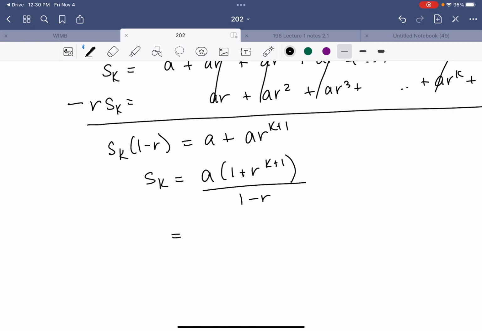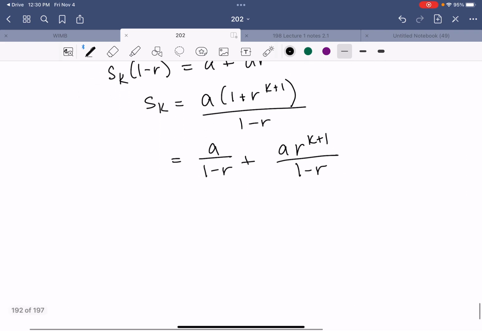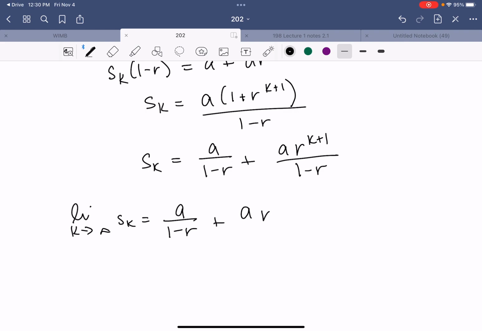Well, this is a over 1 minus r plus a r to the k plus 1 over 1 minus r, right? So let's now take the limit. That's our sk. Now we want the limit as k goes to infinity of our sk, and this is a over 1 minus r plus a r to the k plus 1 over 1 minus r.